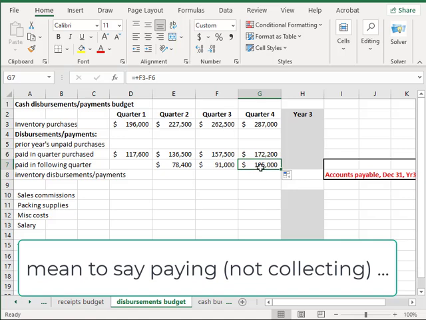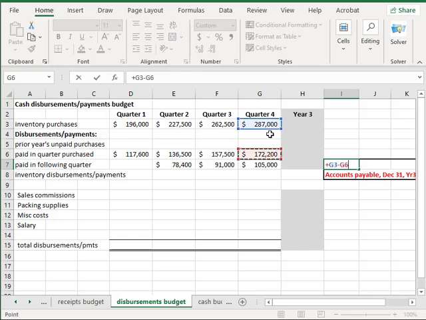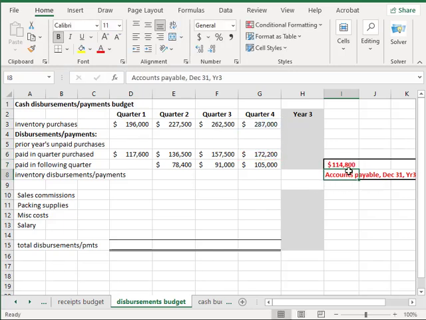So where's the rest of Q4? The rest of Q4 will be paid in the first quarter of year 4, next year. So everything we bought less what we paid for it in Q4 is going to be paid in year 4.